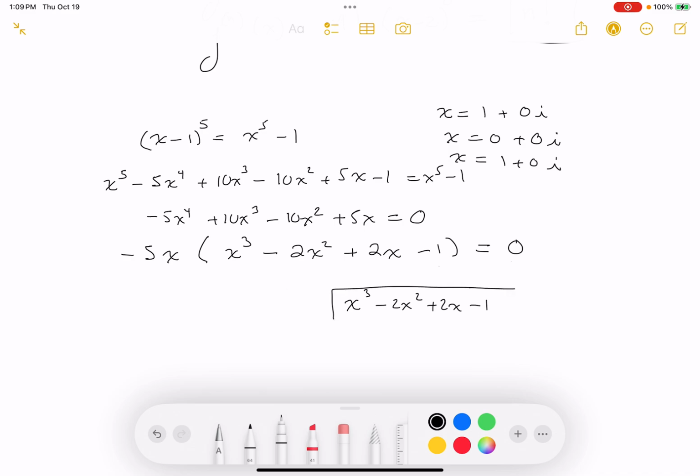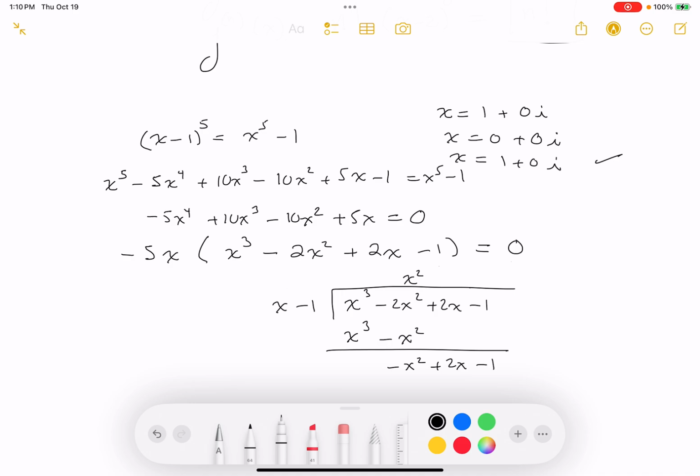And we're going to divide this. Again, the root that produced this was 1, so that means the factor would be x minus 1. What are you going to do now? Multiply. What times x gives you x cubed? x squared. What do you get there? You get x cubed minus x squared. You're going to subtract: minus x squared plus 2x minus 1.